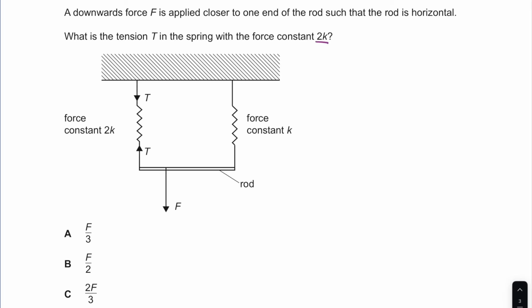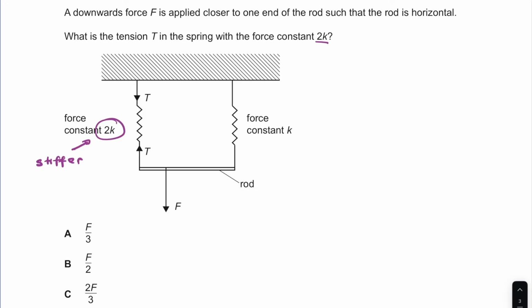There are 2 ways of looking at this question. One is based on the spring constant. We know that this is with a force constant 2K, which means that this side is stiffer, and that means that it would stretch less for the same amount of force.